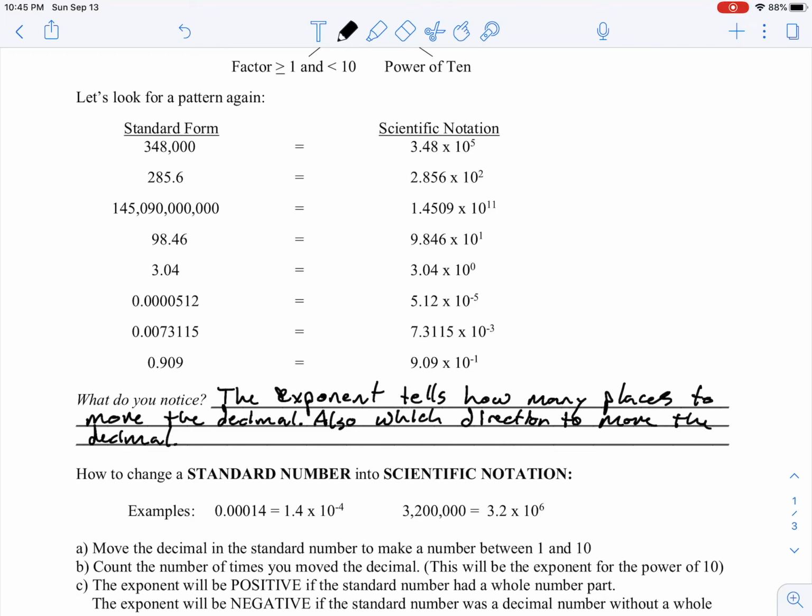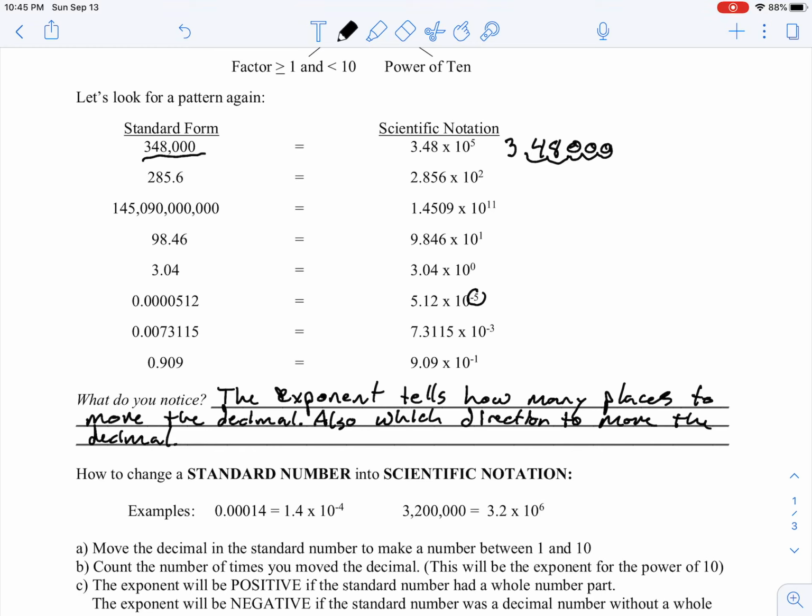And if we notice the ones with a positive exponent here, we took our 3.48, and the 5 tells us we need to move it to the right. 1, 2, 3, 4, 5. We can add these zeros here, and we get this exact same number in standard form. So it's just telling us to move the decimal to the right 5 places.